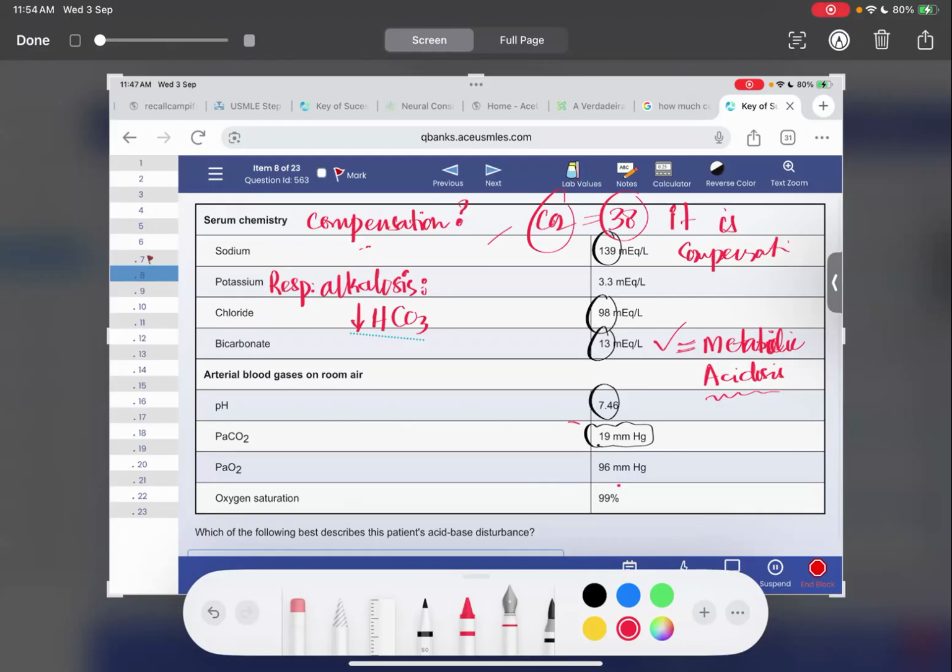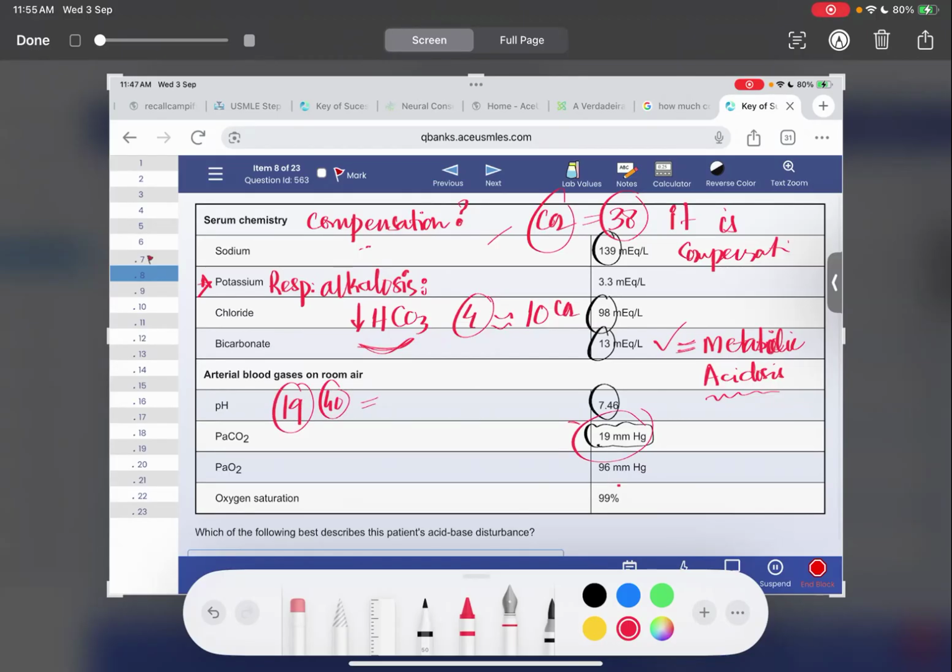Now, I have told you the metabolic acidosis formula you have to remember, right? But the rest three are easy because the compensation will be an increase of 4 or decrease of 4 in bicarbonate level per increase of 10 in carbon dioxide, okay? If we have, like in our example, what is our value? We have carbon dioxide 19, okay? Normal is 40.